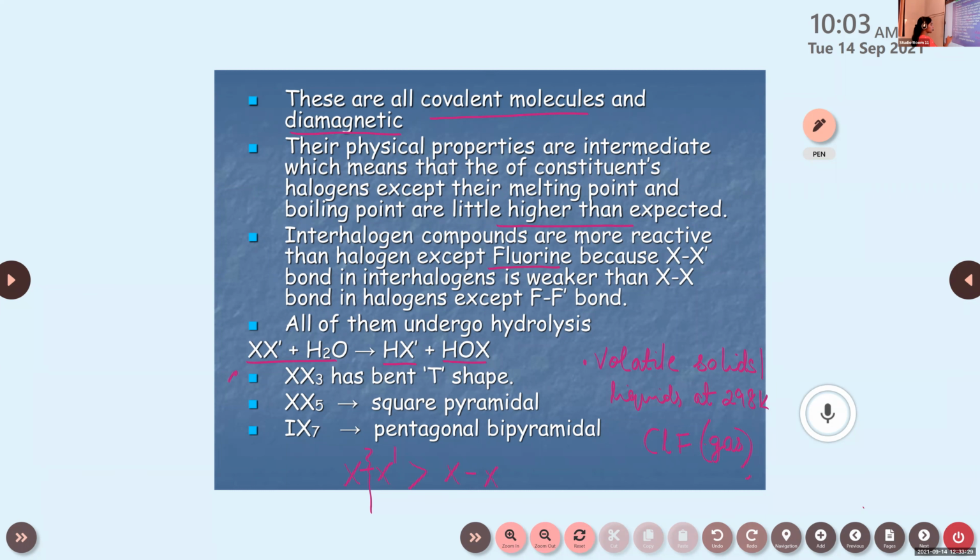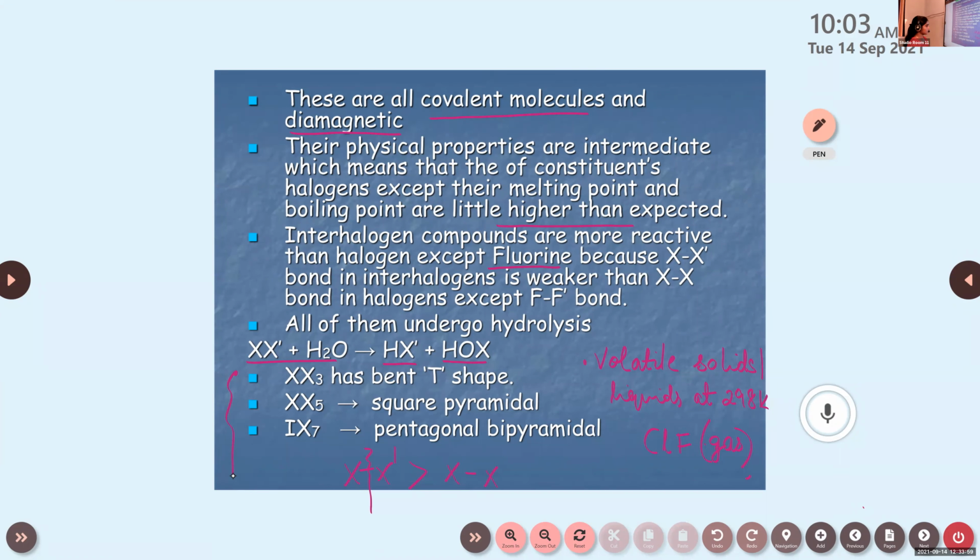And in the next point, you can see the structures of these interhalogen compounds. XX3 has a bent T shape. Here there is one table, table 7.11, where you can see the shapes. XX3 is bent T shape. Then XX5 is different, square pyramidal.